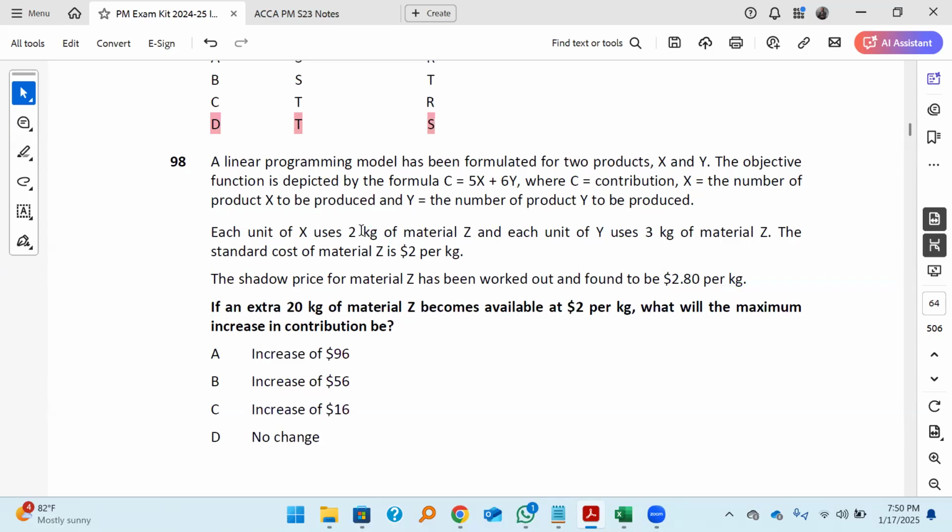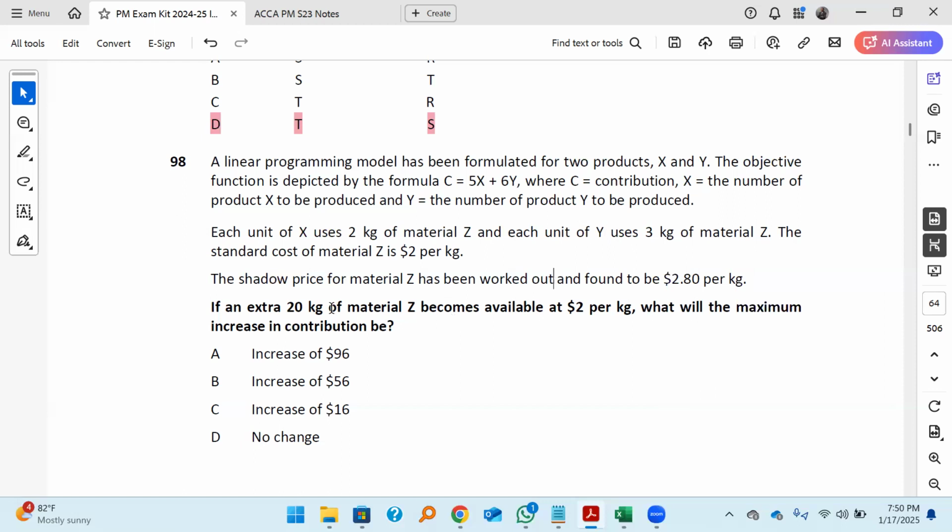So each unit has 2 kilograms of material Z, and each one 3 kilograms of material Z, and the cost is $2 per kilogram. Shadow price of material Z has been worked out and found to be 2.8. Now they are saying, so here they have done all the math. They are just trying to ask you about shadow price.